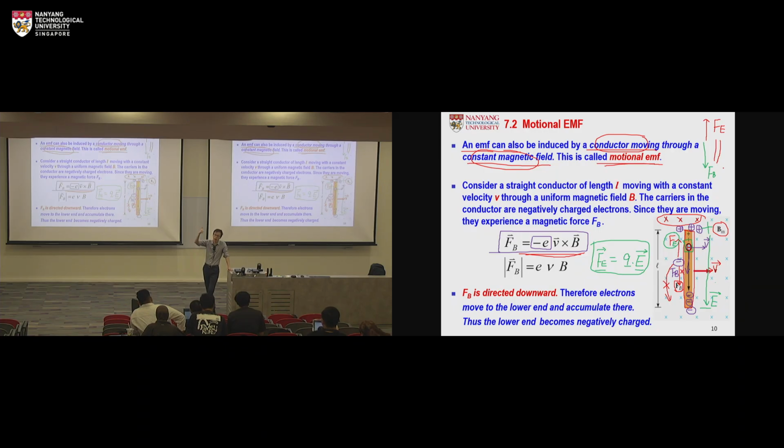That is to say, once this Fe equals this Fb, there will be no more charge accumulation at these two ends. And once that happens, that is the so-called equilibrium state, and you will keep that state forever. Okay? A bit clearer?